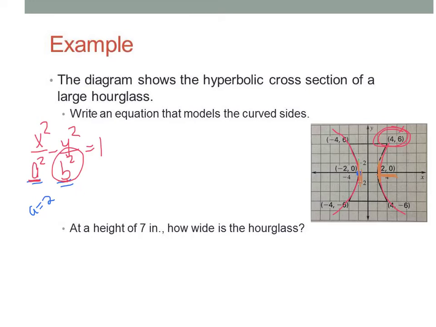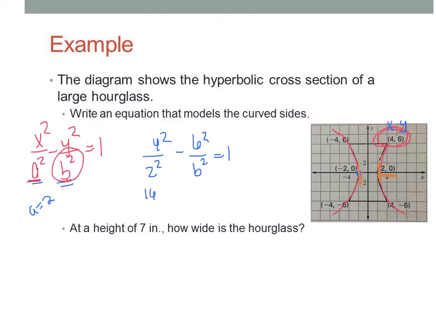But any other point would work, and I could plug in my values. So if this is x and this is y, I get 4 squared over 2 squared, because I know what a is, minus 6 squared over b squared equals 1. Could we use this and solve for b? If you have everything except one term, you can solve for it.